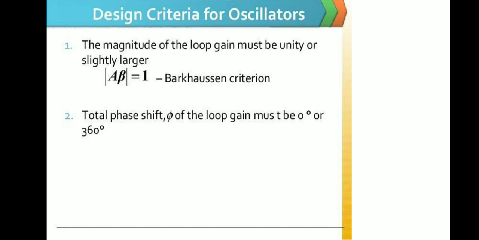So Barkhausen's criteria can be stated as: the magnitude of the loop gain must be unity or slightly larger than 1, that is magnitude of A beta is equal to 1. The total phase shift around the loop must be 0 or 360 degrees.